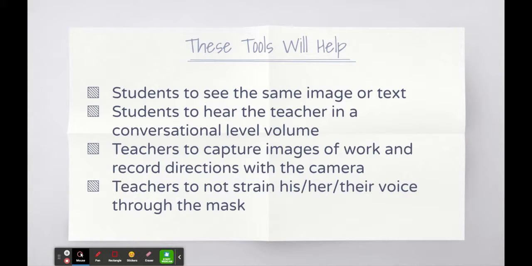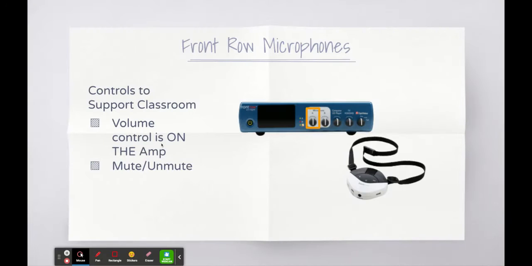To have teachers be able to use the document camera to capture images of the work they're doing, to potentially even record directions and share the video recording of that. Along with, teachers do not have to strain their voices much as they're wearing a mask if they're using the mics. The new microphone systems in the B wing of Showalter are by the company Front Row.